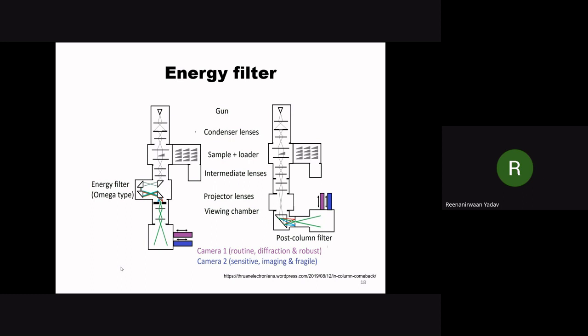In-column energy filters are placed before the projector lens, or between the objective lens and intermediate lens, while the post-column energy filters are placed below our projector lenses.